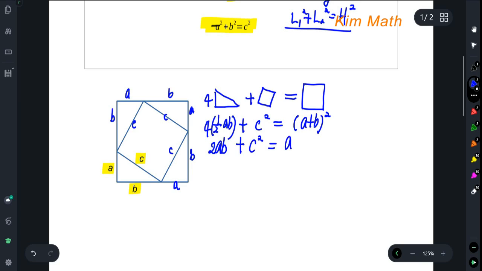This one will be a squared plus 2ab plus b squared. If we simplify this, we have only c squared equals a squared plus b squared, right? Which is the Pythagorean Theorem.